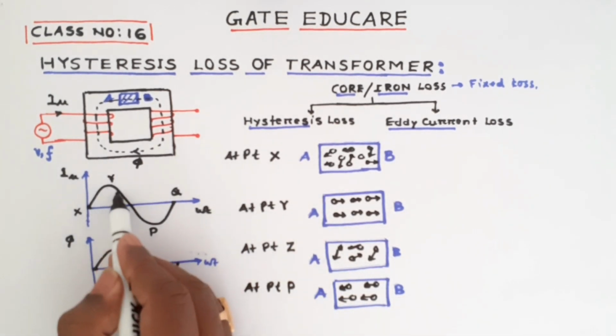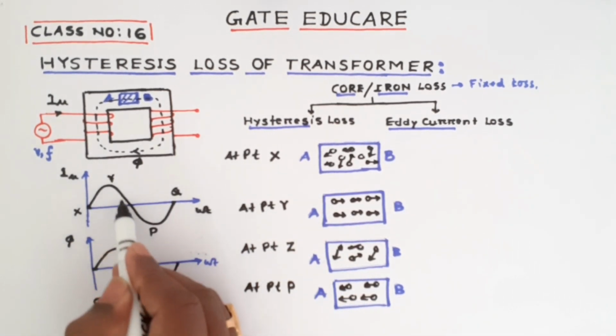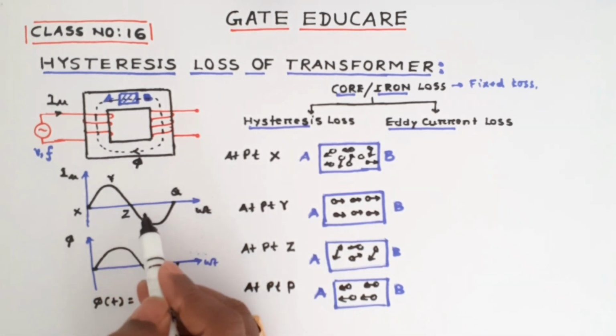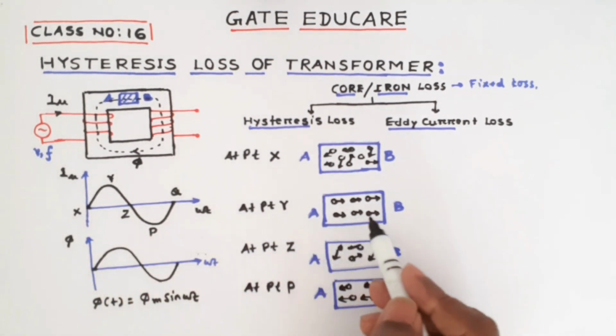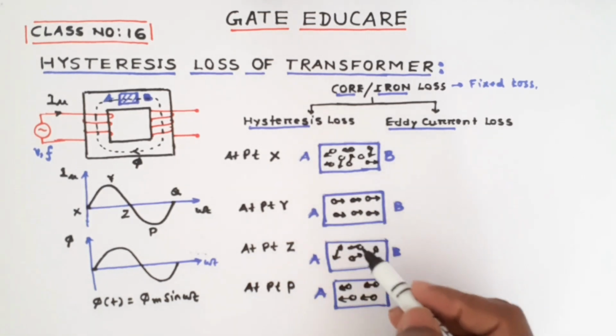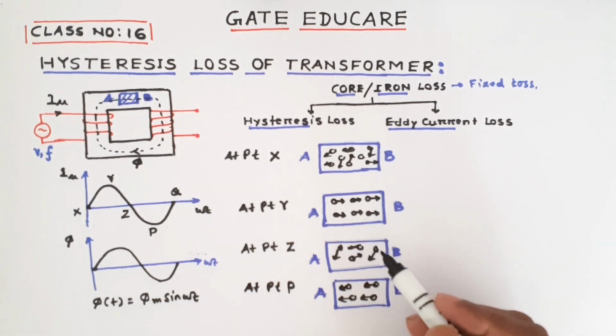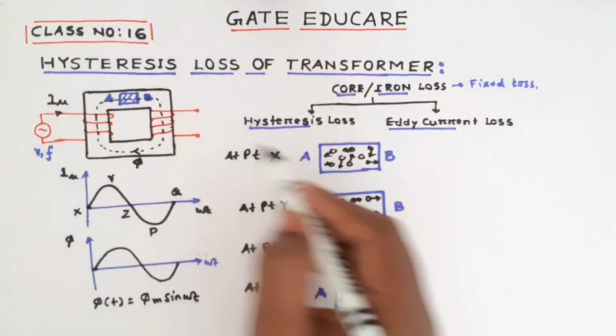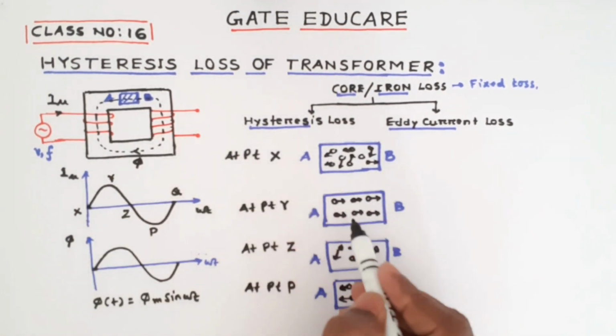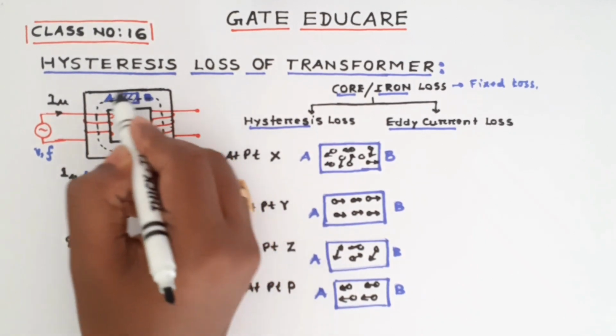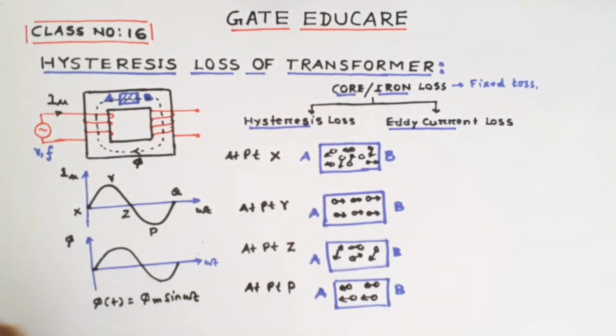That means for every half cycle, the magnetic material is subjected to a change of orientation of dipoles. Due to this orientation change in every half cycle, there is loss in the transformer core, in the transformer body. This is called hysteresis loss.